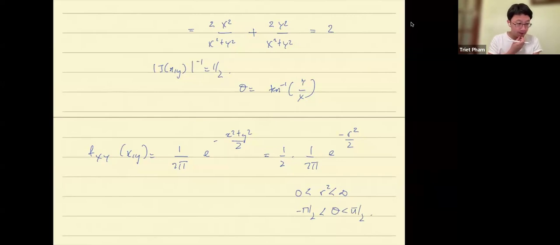Right? So, hold on. Is it minus pi over 2 to pi over 2 or between 0 to 2 pi? Just give me a moment here.